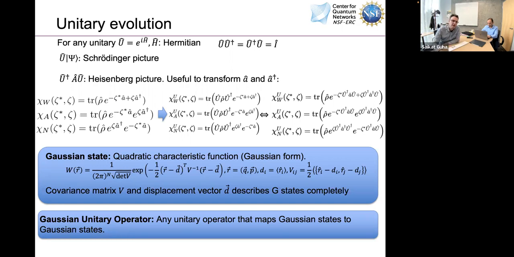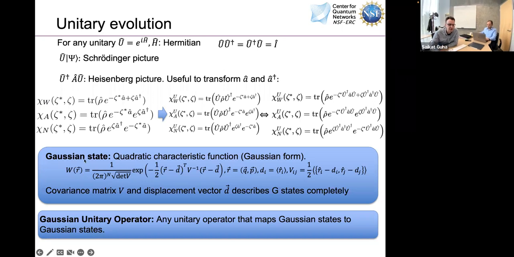So if you want to see whether a state is Gaussian or not, you calculate the Wigner function, and if you find a form exactly like that, then you have at hand a generic Gaussian state. Since it's in the Gaussian form, any Gaussian state is defined through two pieces of information: the covariance matrix and the displacement, and that is all. If you know how to transform these, then you know how to transform the state in general.